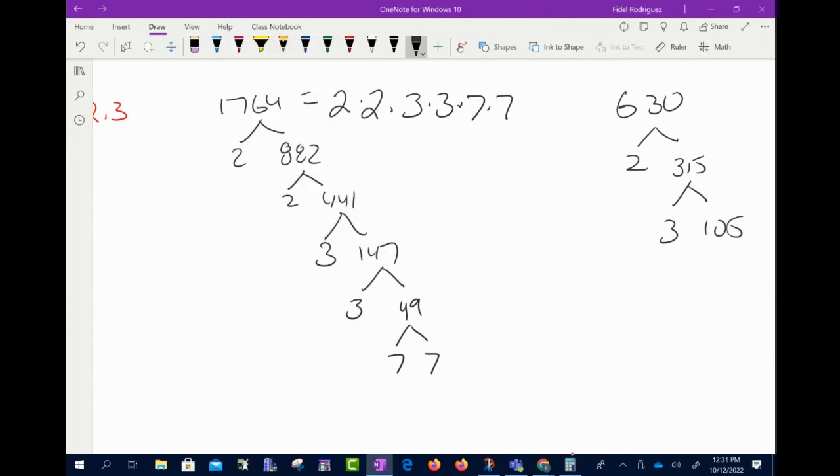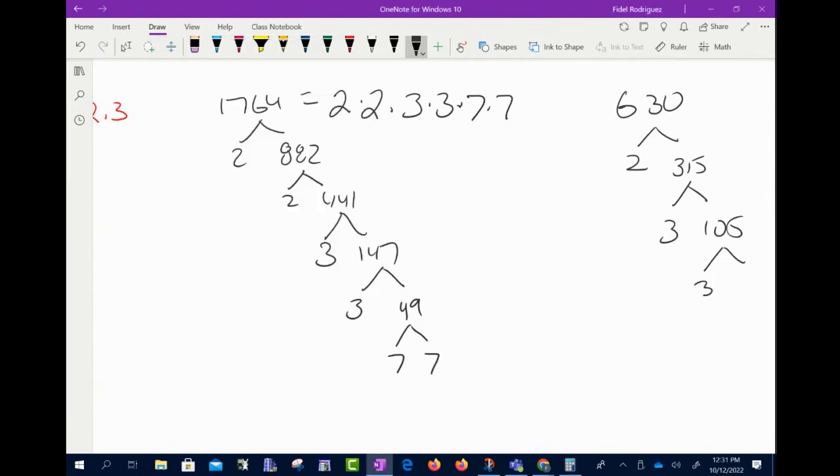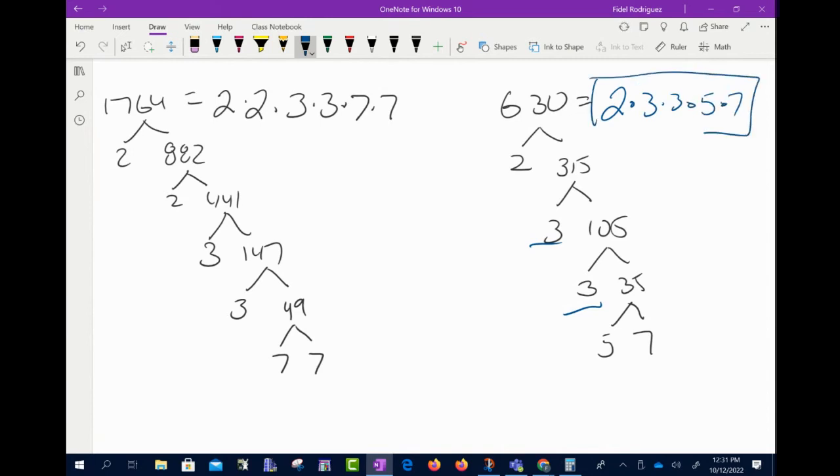Yeah, we can. 3 and 105. Okay. I don't know. Let me see. Can I divide that by 3? Yep. 3 and 35. And I know 35 is 5 and 7. Okay. So for 630, y'all, I have 1 2, 2 3s, and a 5 and a 7. Okay.